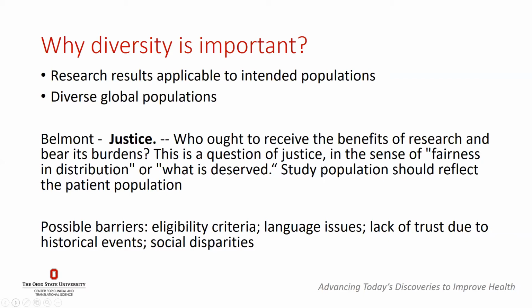The Belmont report, as all of you are aware, has 3 items, one of which is justice. Taking it straight from the Belmont report, justice is who ought to receive the benefits of research and bear its burdens. This is the question of justice in the sense of fairness in distribution or what is deserved. Study populations should reflect the patient population.